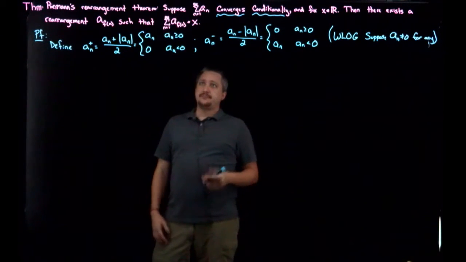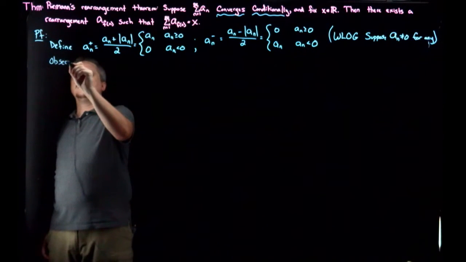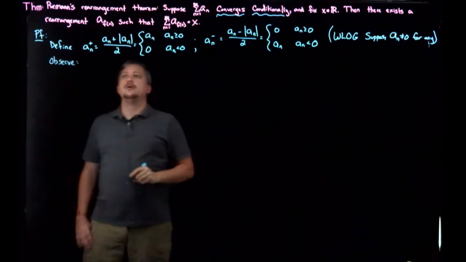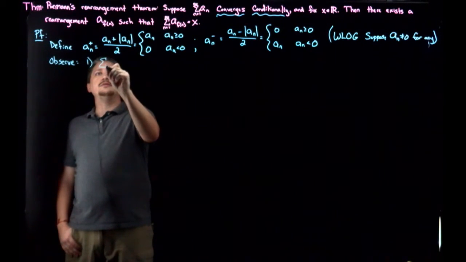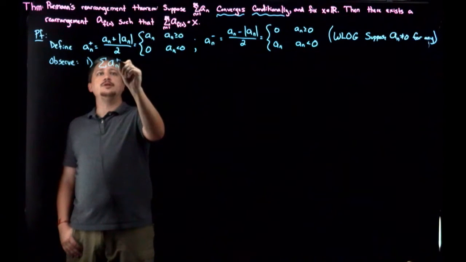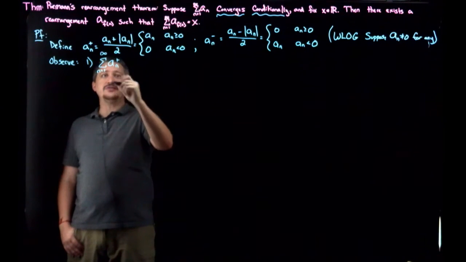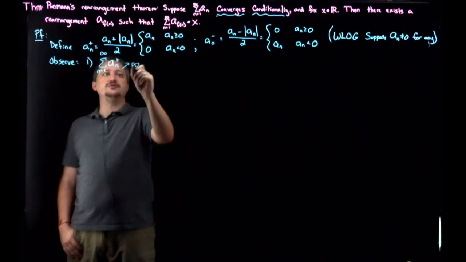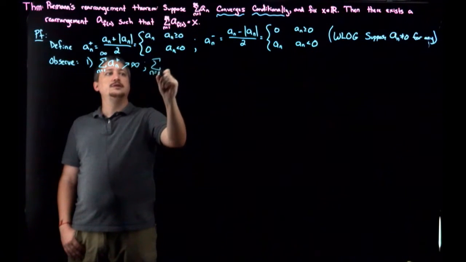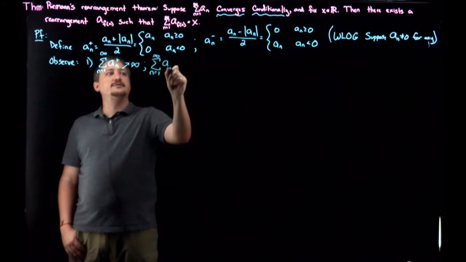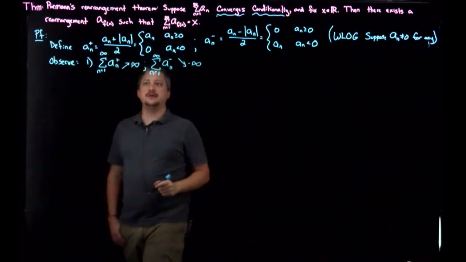All right. So I'm going to observe a couple things here. First, the series of an plus, going from 1 to infinity. If I add just the positive things, this is going to increase to infinity. And if I add just the negative things, this is going to decrease to negative infinity, right?